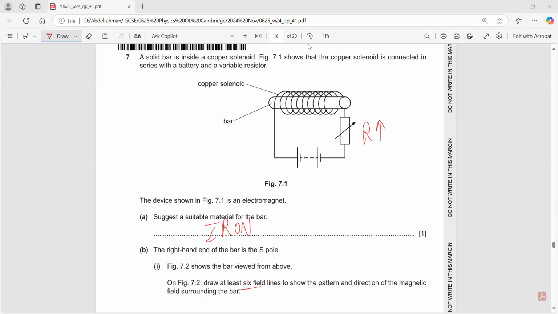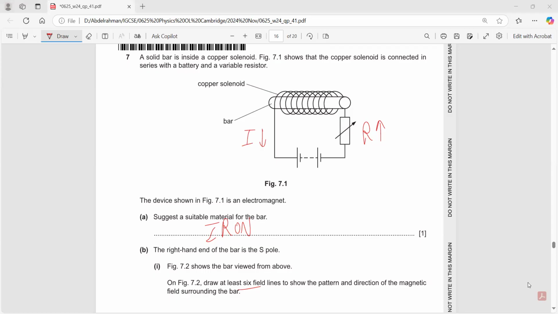The current will decrease, right? And the current is what gives you a representation of the strength of the magnetic field.